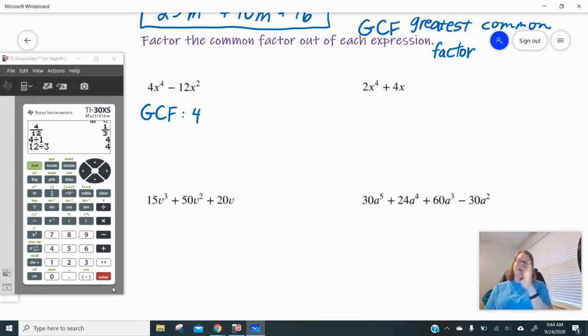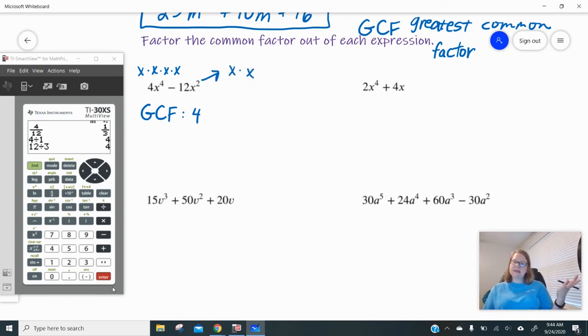So remember I said we've got the numbers and we've got the variables. All right. So now let's think about the variables. And there's a couple of ways to think about it. Over here in the first part, we've got x to the fourth, which is 4 x's multiplied together. Here we've got 2 of them because we've got x squared.